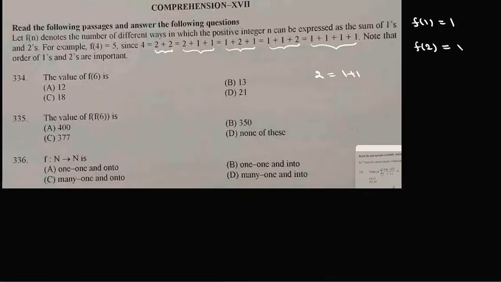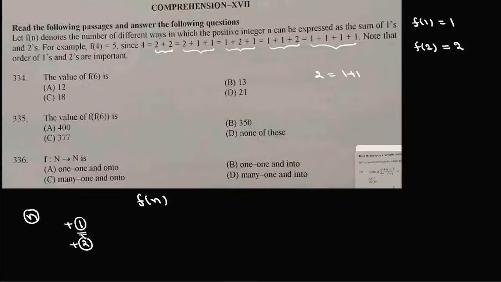So the value of F2 must be 2. Now we'll find Fn, the number of ways of writing n in terms of 1s and 2s. Now there are two possibilities. In the end, we can have 1, or in the end, we can have 2.